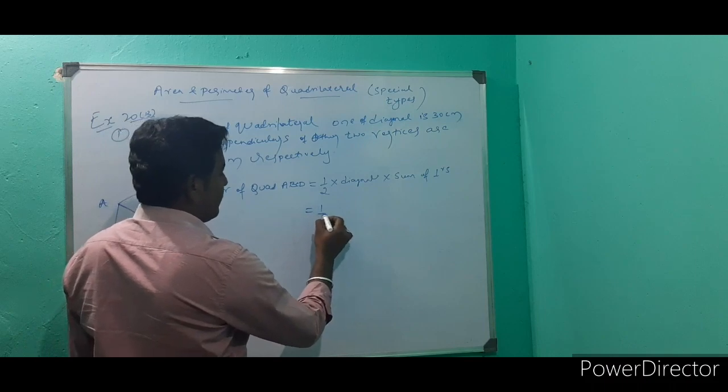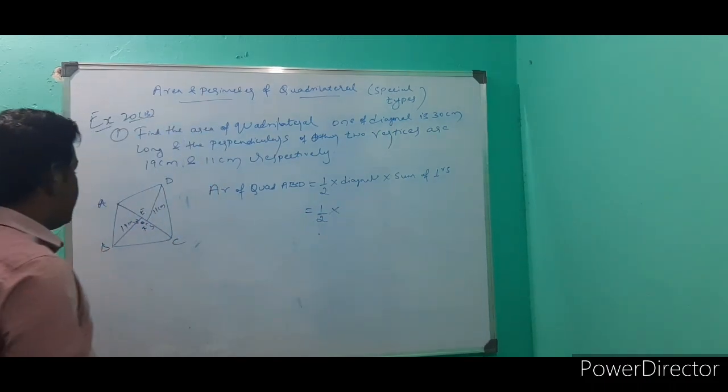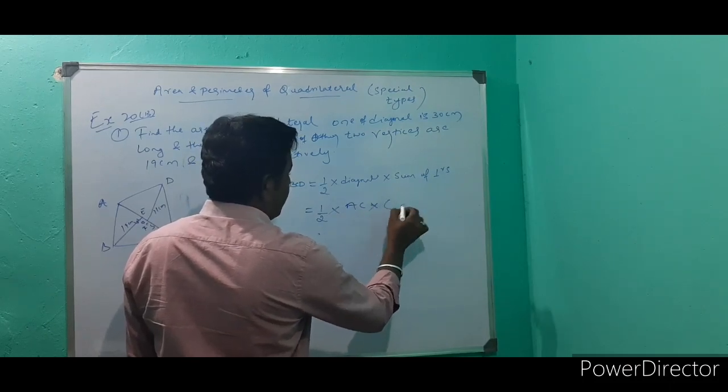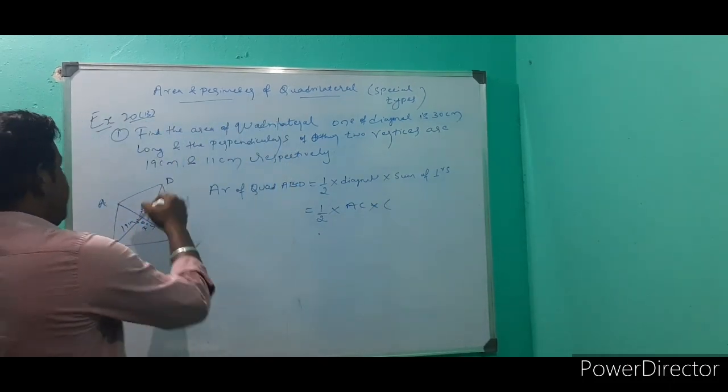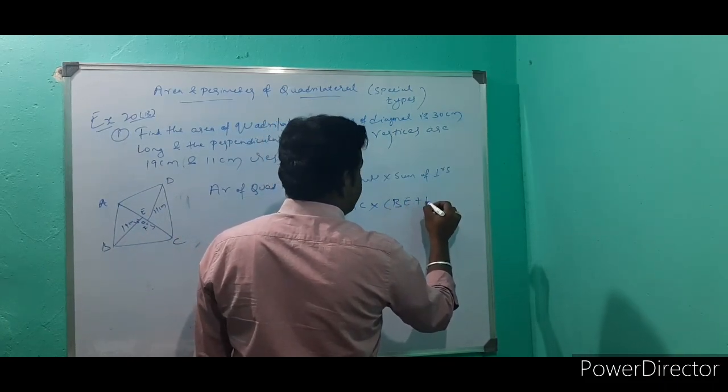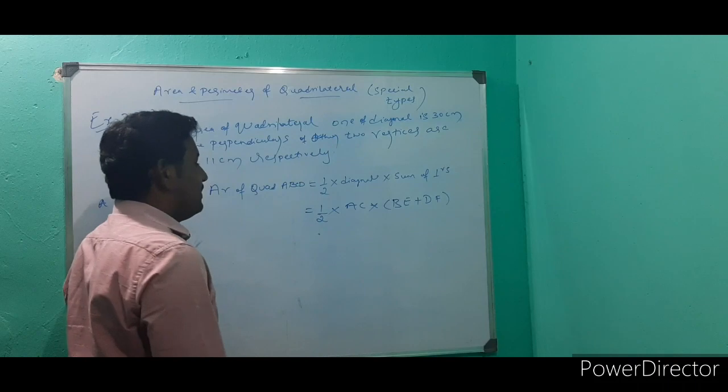AC is the diagonal, and the perpendiculars are BE and DF.